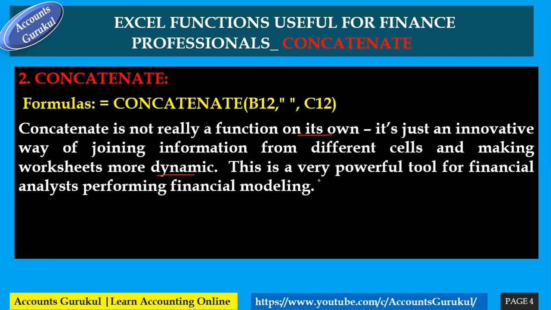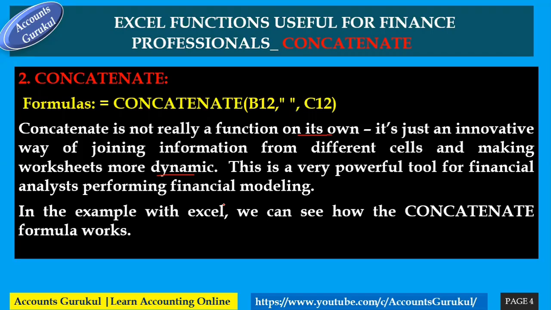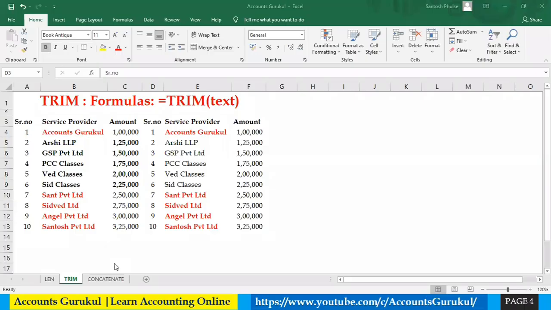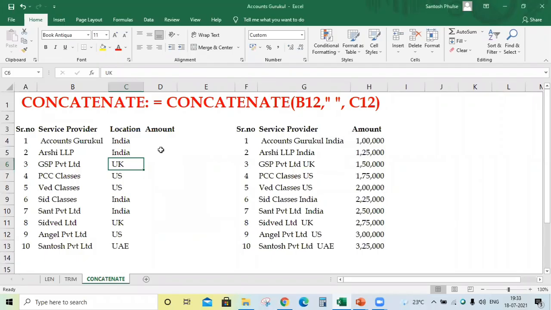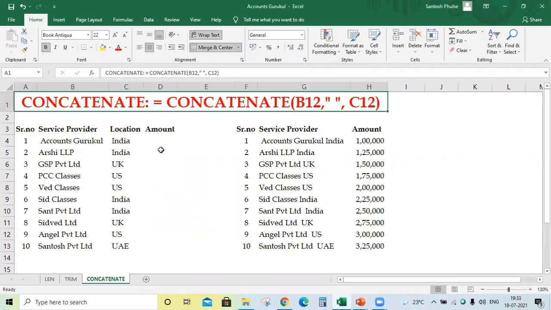This is a very powerful tool for financial analysts performing financial modeling. In the example with Excel, we can see how the CONCATENATE formula works. So from here, you can see how this formula is going to work. So this is the formula you have to use.